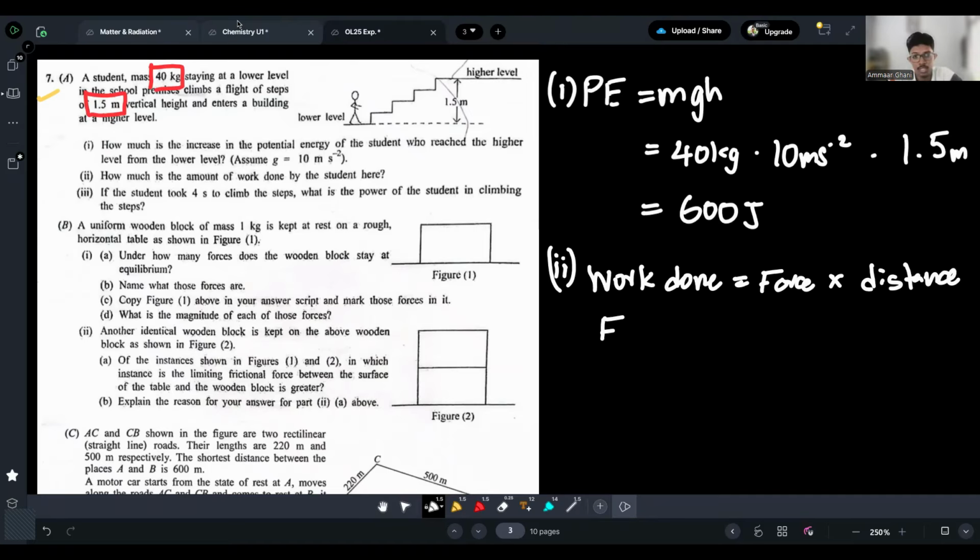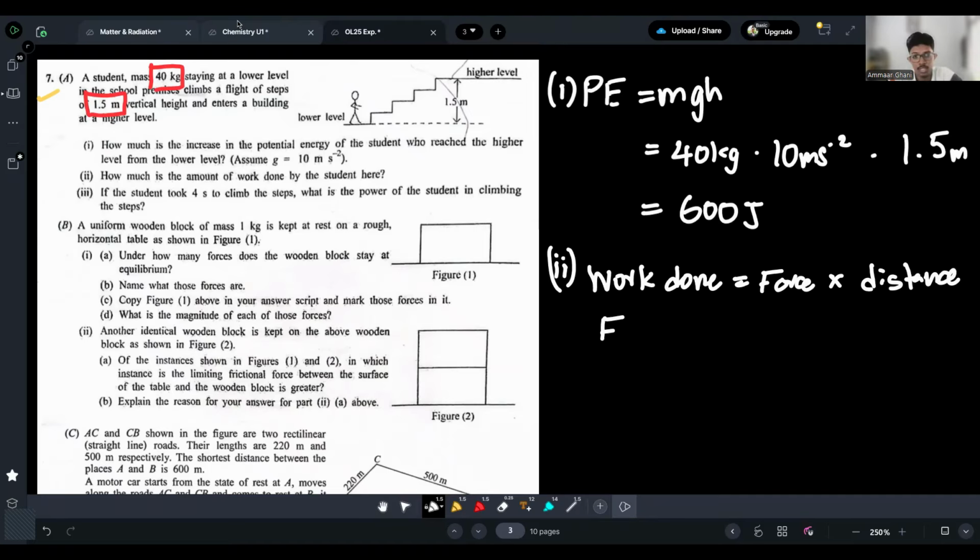Acceleration: now, what's the acceleration? When climbing a stair, obviously the acceleration on the student would be the gravitational acceleration, which is pulling him down. So acceleration here is the gravitational acceleration g, which is given as 10, and the height distance is 1.5 meters. So again, the answer here is 600 joules. So the work done by the student, as asked in Roman number 2, is 600 joules.